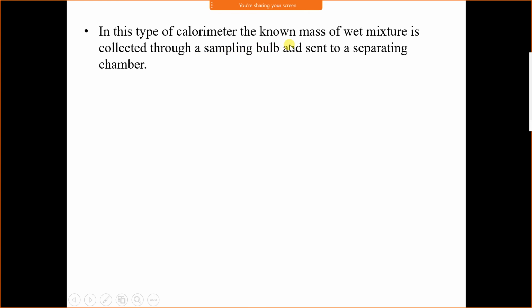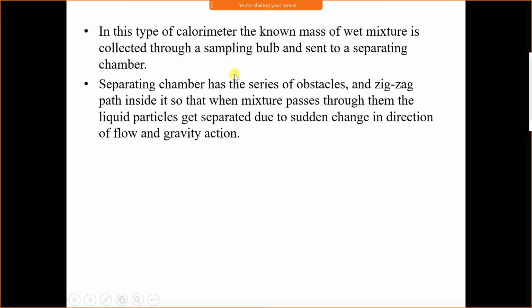In this type of calorimeter, a known mass of wet mixture is collected through a sampling bulb. I have taken the example of 10 kg. Suppose 10 kg of wet steam is collected in a sampling bulb.